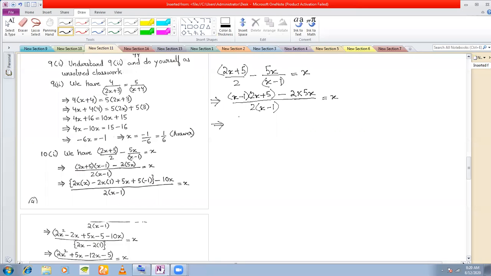In the next step, you simplify the numerator and the denominator. So you have plus x into plus 2x, which gives you 2x square. Then you have plus x into plus 5, which gives you 5x. You know how to multiply all this?